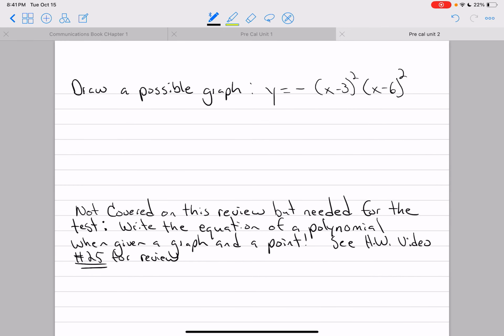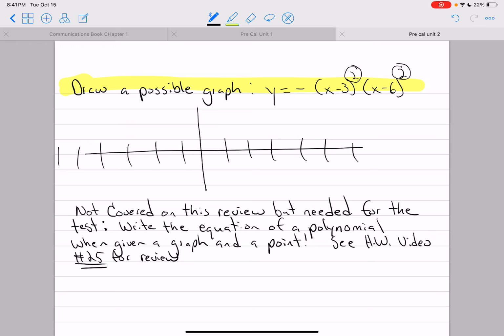Draw a possible graph for this. So go ahead and pause here and draw what you think your graph should look like. All right, so you did that. So let's see. I'm gonna go 1, 2, 3, 4, 5, 6. 1, 2, 3, 4, 5, 6. And I know that this is 1, 2, 3, 4 degrees. So I know it's even.